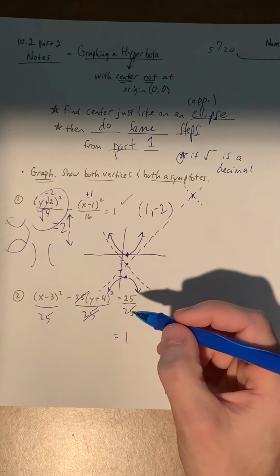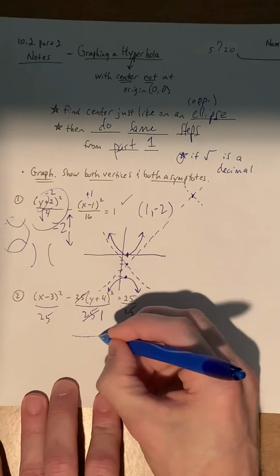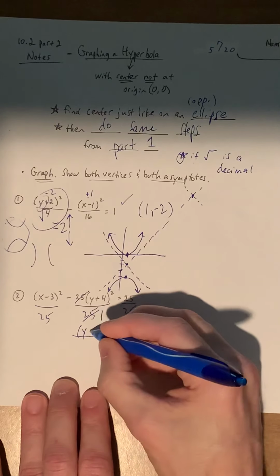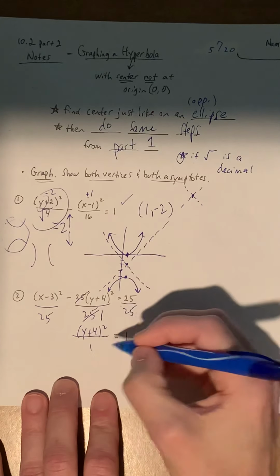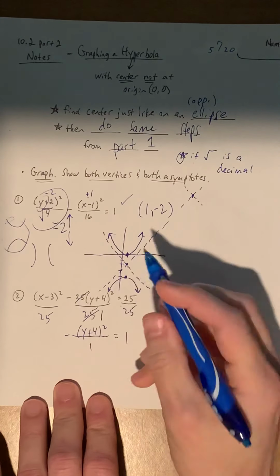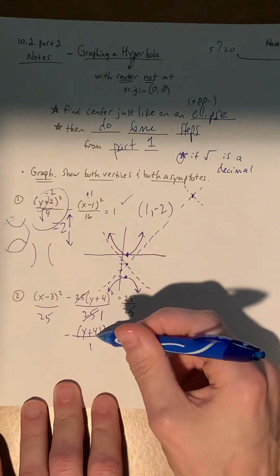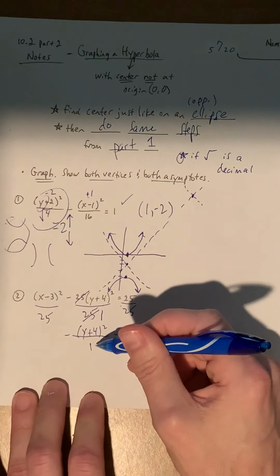Now you want to keep a 1 on the bottom, actually you don't have to here. Normally you might take the square root of it, but you don't have to because it's a second fraction. So you don't have to put the 1. But if this was the first fraction, you would want a 1 here because you would want to take the square root of it. So keep that in mind.